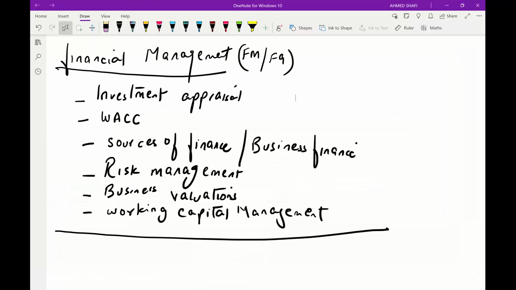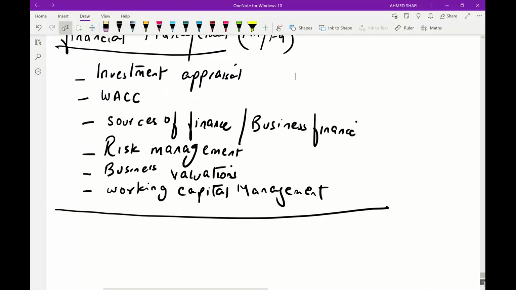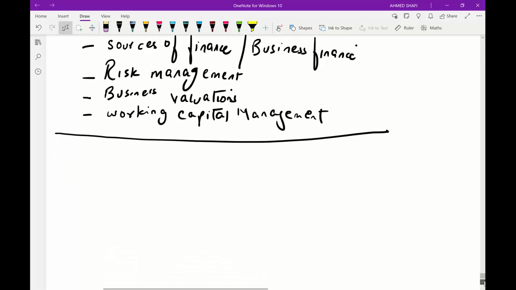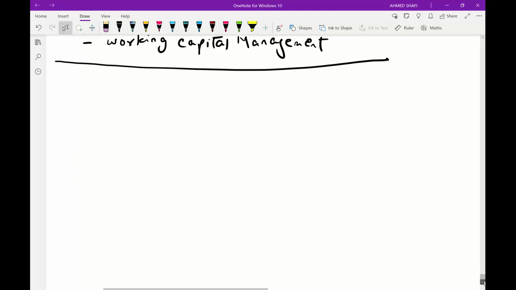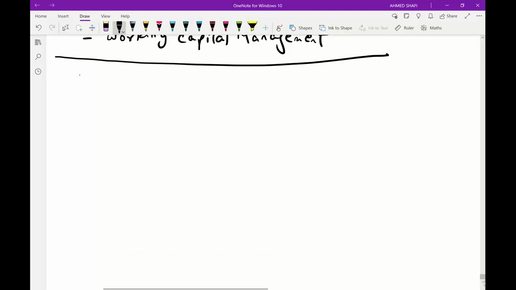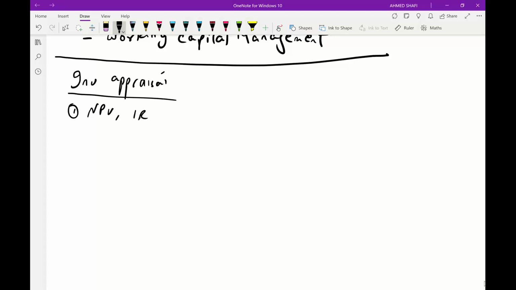Just a quick recap of things. When you're talking about the section of investment appraisal, it can ask you to calculate NPV, IRR, gross return on capital employed, and payback. This is what your financial management course states.